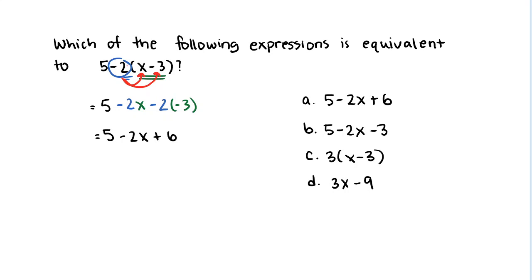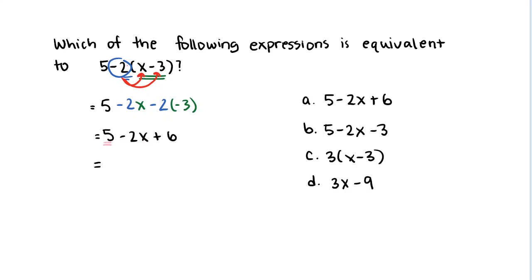And then lastly, we could combine some terms here. Which terms? Not this 5 and this minus 2x, right? Those are unlike terms. We can't combine those in any way to get a simpler equivalent expression. Those just are counting different things because of this x variable and the fact that this one doesn't have an x variable.